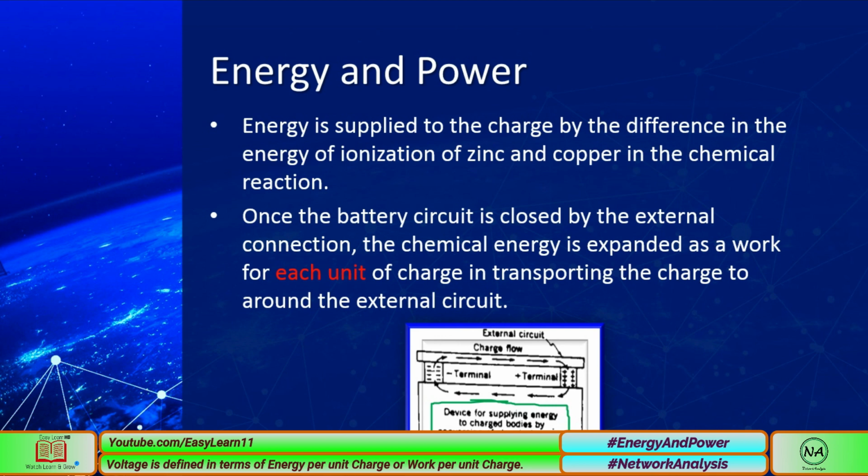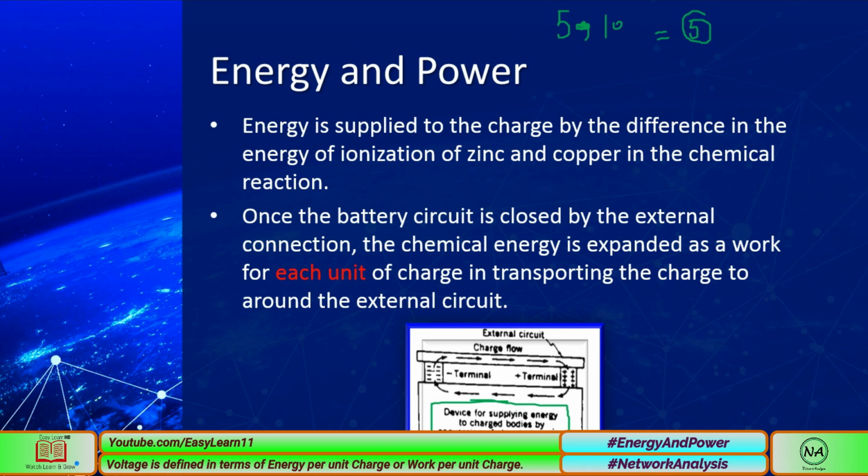Then there must be an ionization energy difference. Like suppose one is 5 and the other is 10, then 10 minus 5, there is a difference of 5. It means the ionization energy difference is counted.